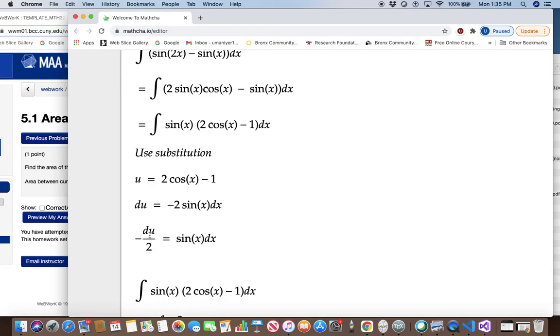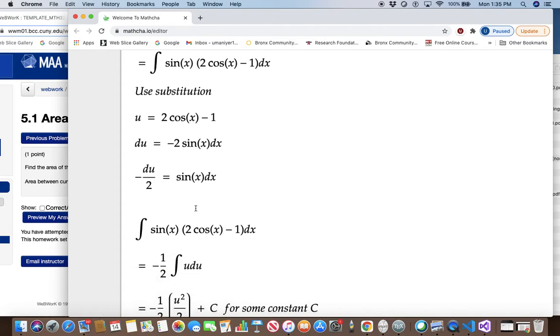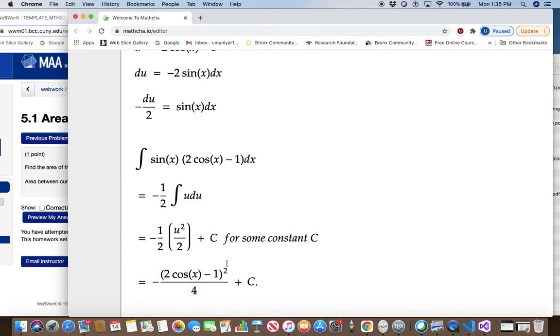Dividing by negative 2, negative du by 2 is sine x dx. So this integral by substitution becomes the integral of u times negative du over 2.